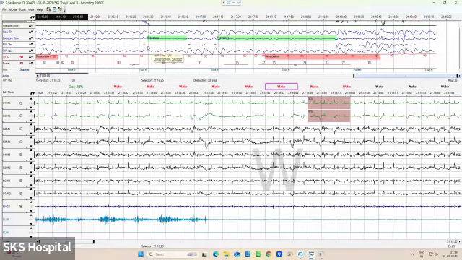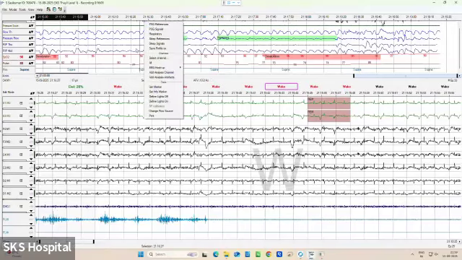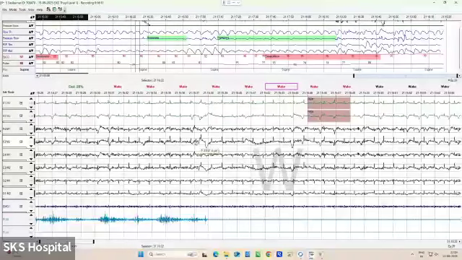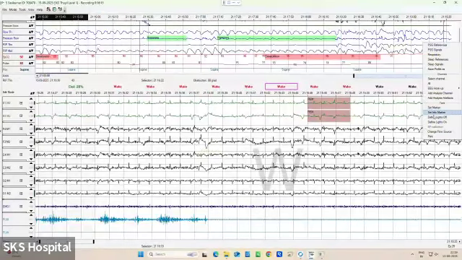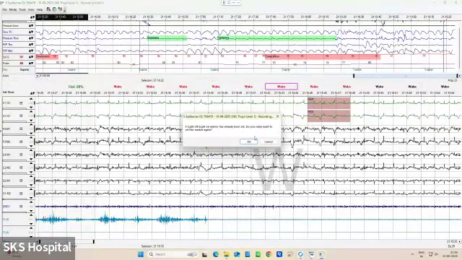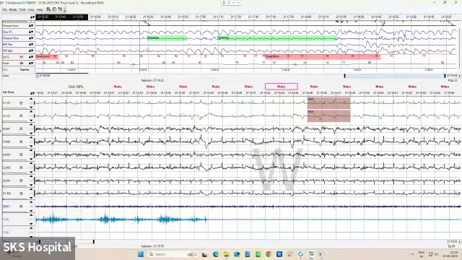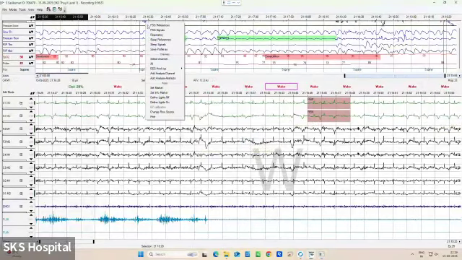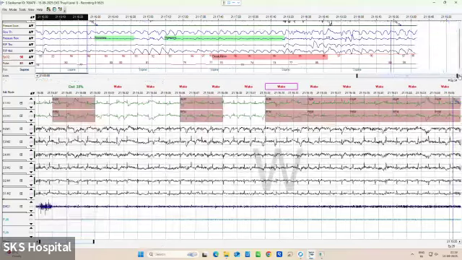It comes here. So lights off is done. Now we'll keep watching the recording, because what we are waiting for is when the patient sleeps.